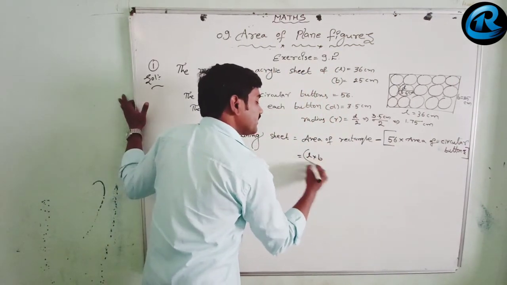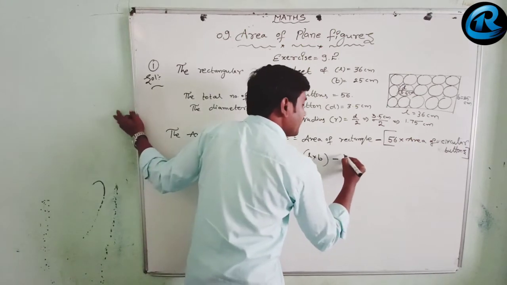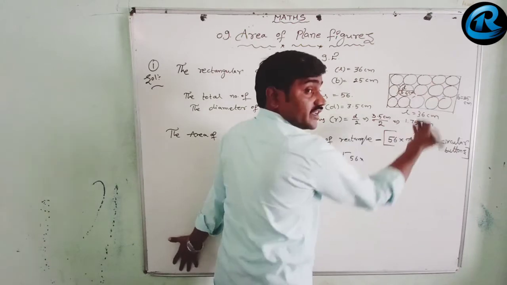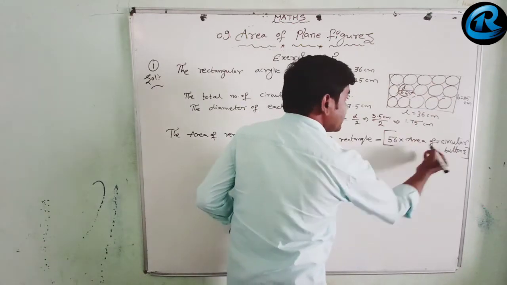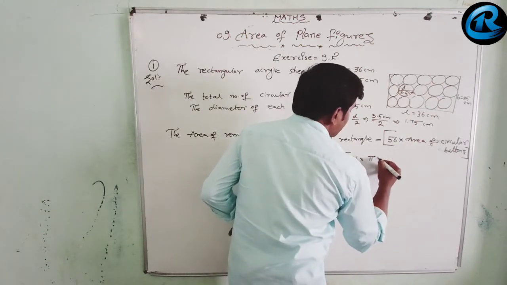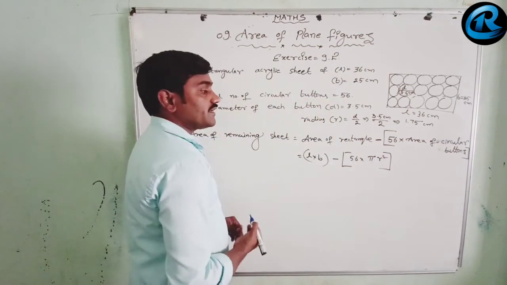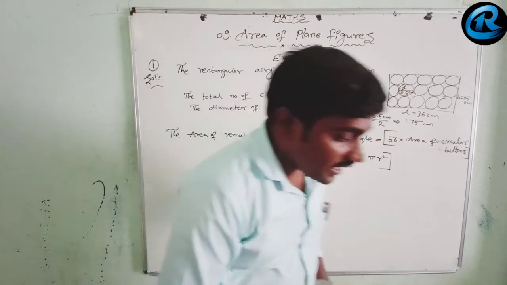So let us use it here. L into B, area of rectangle, minus 56. Why 56? Because there are 56 buttons. 56 into the area of circle formula, pi r square. Here, has he given the pi value?